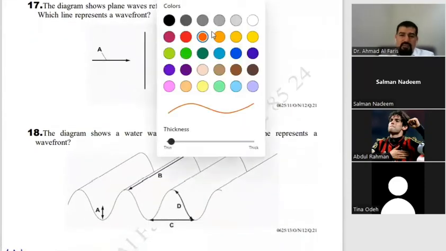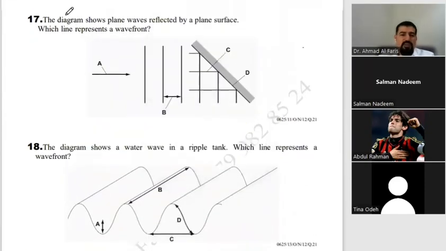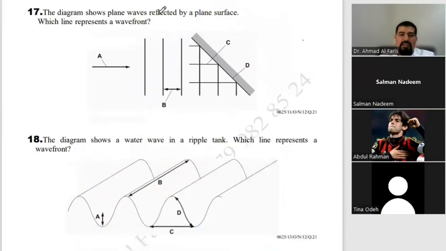Number 17. The diagram shows plane waves reflected from a plane surface. Which line represents a wavefront? Now, what's A? Who can tell me what's A? Write down in the chat. What's B? Send me on the chat.